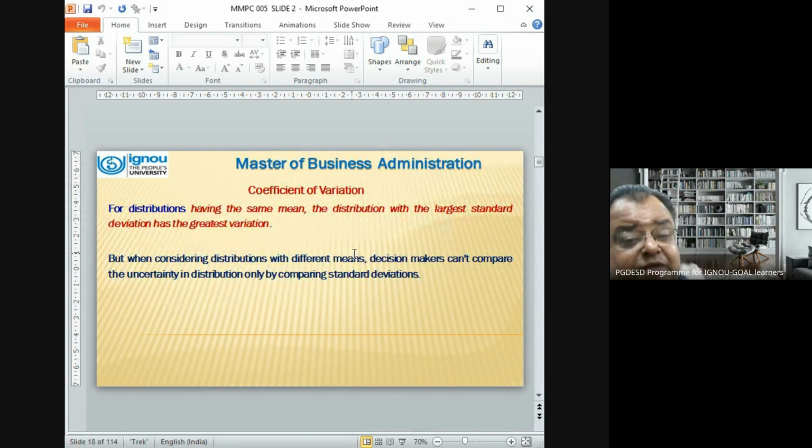Coefficient of variation. For distributions having the same mean, the distribution with the largest standard deviation has the greatest variation. But when considering distributions with different means, decision makers can't compare the uncertainty in distributions only by comparing standard deviations.